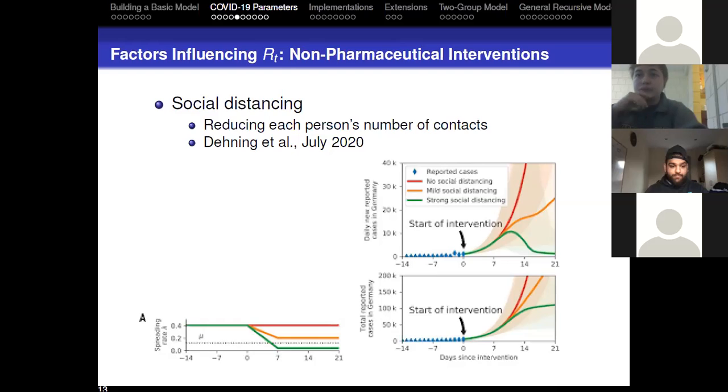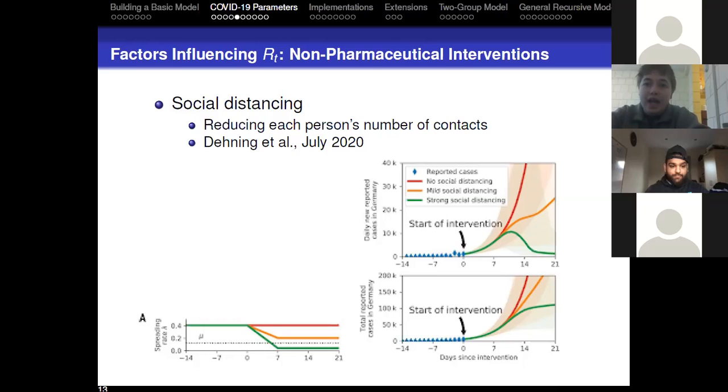And this study looks at the impact of no social distancing, mild social distancing, and strong social distancing on the spread of COVID. And so mild social distancing would just be like limiting some closures and limiting interaction with other people, and strong social distancing would be sort of a lockdown type scenario.